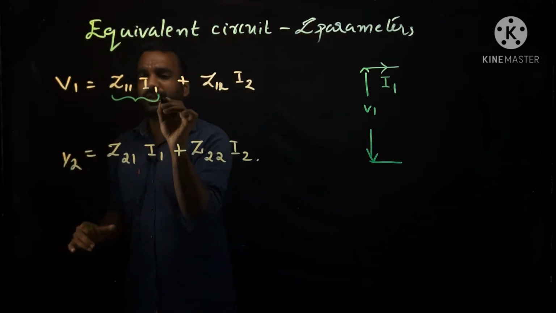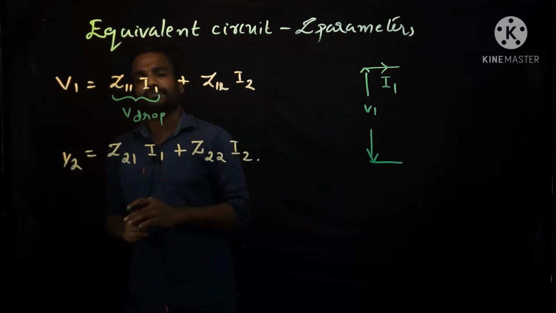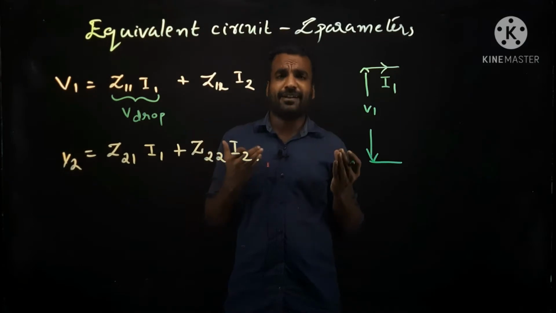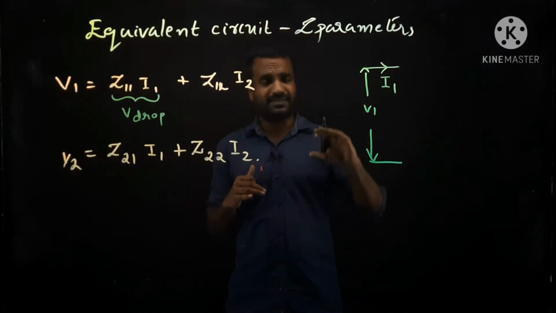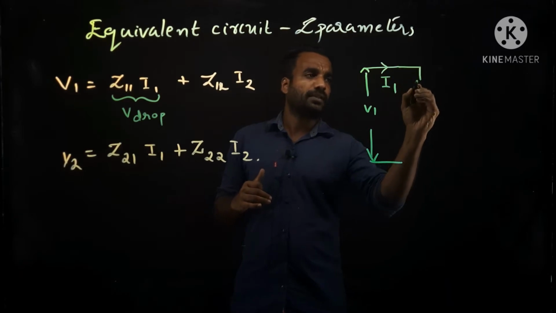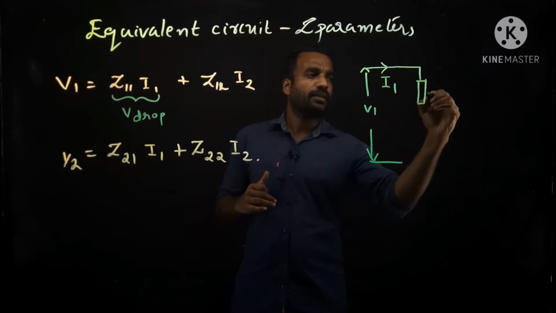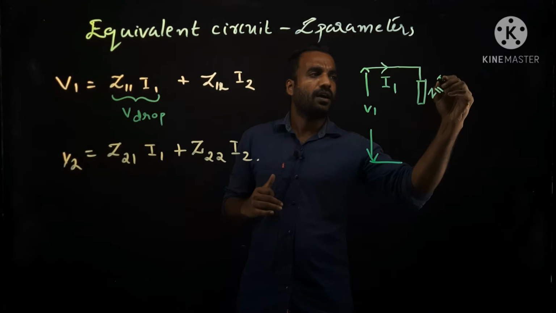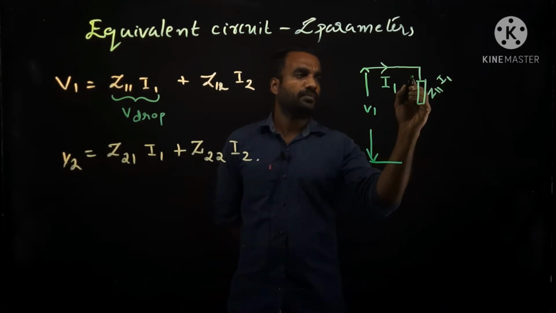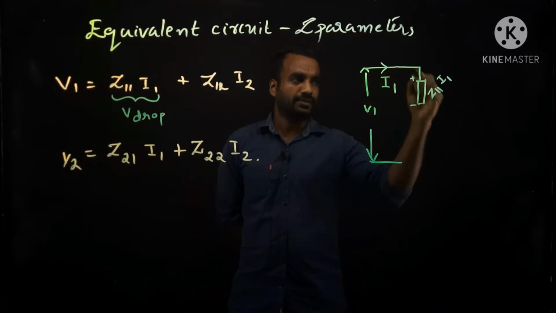Z11 into I1 represents a voltage drop. Every current passing through an impedance or resistance will produce some voltage drop. So that can be represented as Z11 I1. So this is a voltage drop, plus minus, because I1 is entering at the top side.